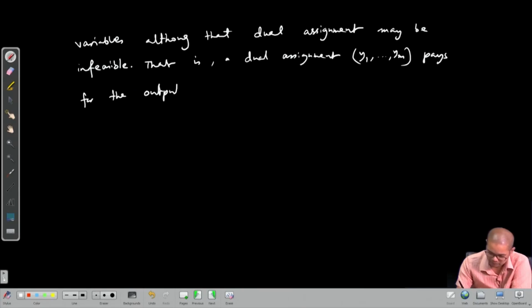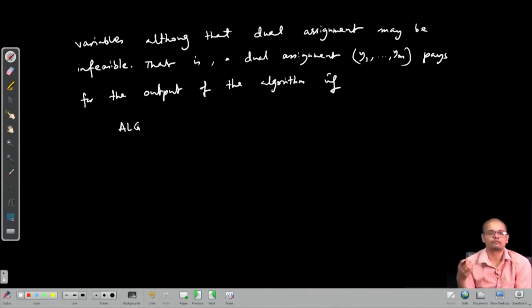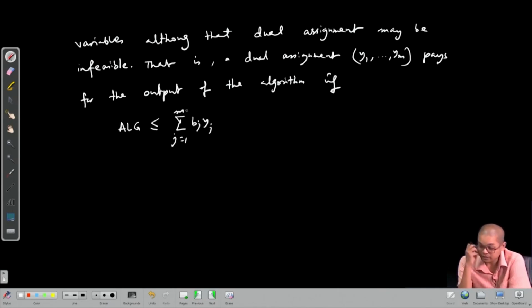For the output of the algorithm, if ALG, the value of the optimization function of the primal at the output of the algorithm, is, since it is a minimization problem, less than or equal to summation bj yj, j equal to 1 to m, the value of the dual objective function at y1 to ym.